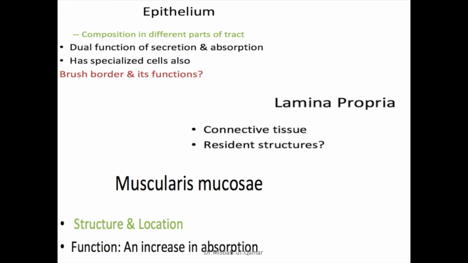While in the rest of the tract, the epithelium is simple columnar. Then the epithelium secretes enzymes and absorbs nutrients. In addition to that, it has specialized goblet cells and enteroendocrine cells which secrete mucus onto the cell surface and hormones controlling organ function, respectively.